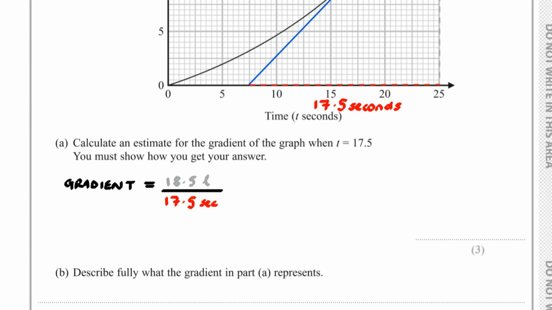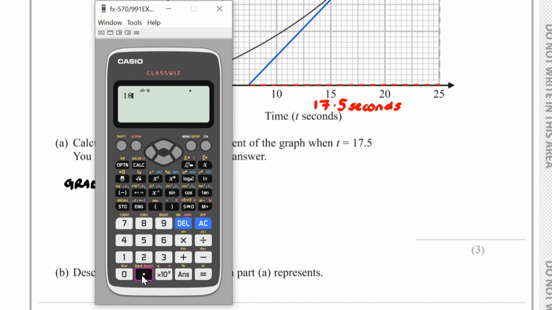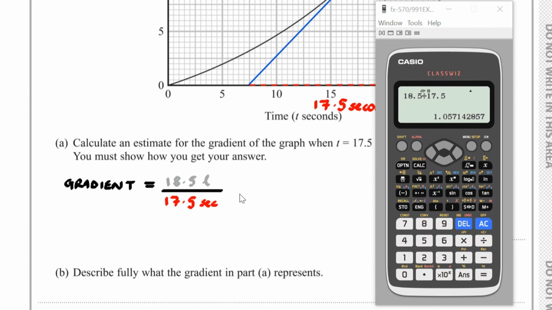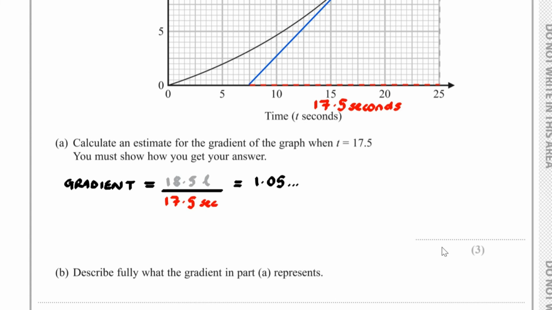And if we work out what this is, we get a gradient value of 1.05. So to three significant figures, we have 1.06.